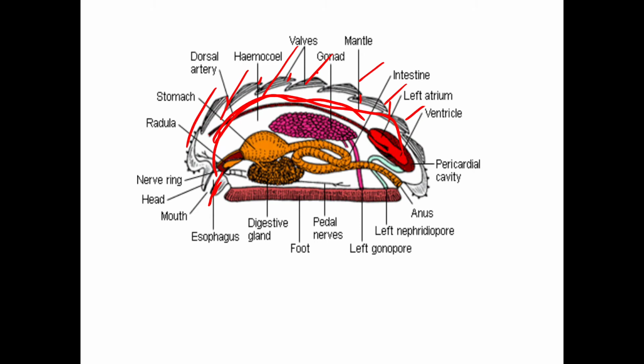Then the digestive system is simple and starts from the mouth, and the anus is on the opposite side. This one is the anus. The buccal cavity contains a small radula, and it is a herbivore, so it has to graze on algae. So the radula helps to graze the algae from the rock surface, and the nervous system is a primitive one.